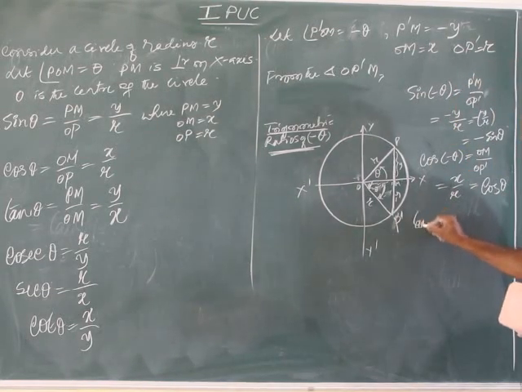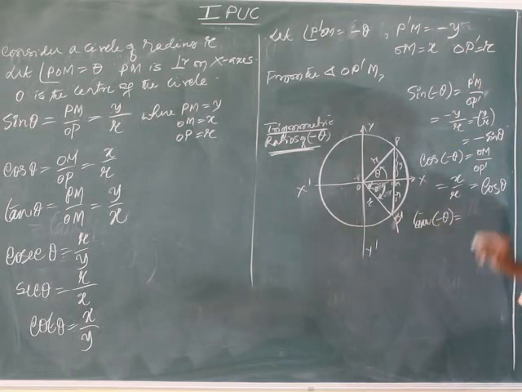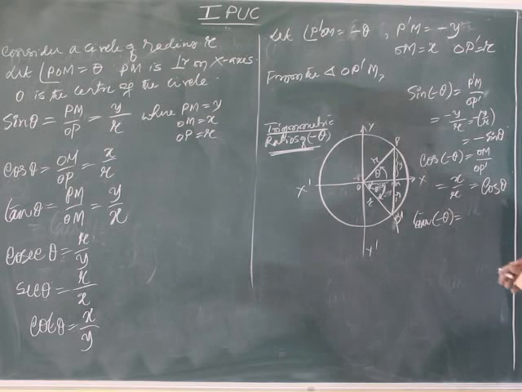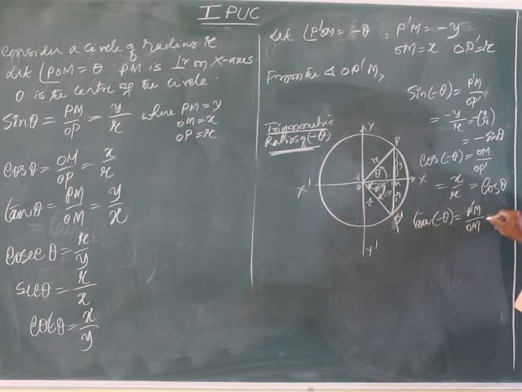Let me continue. Tan of minus theta: opposite side is P dash M, adjacent side OM.